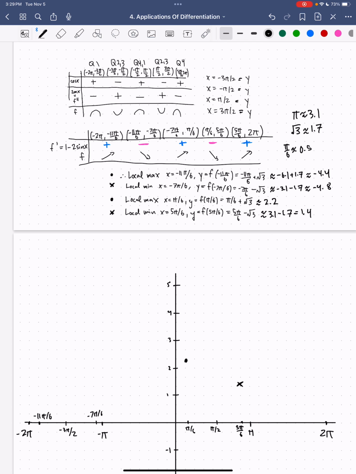I'll use a square. I don't like that it's hollow, so I'll fill it in.